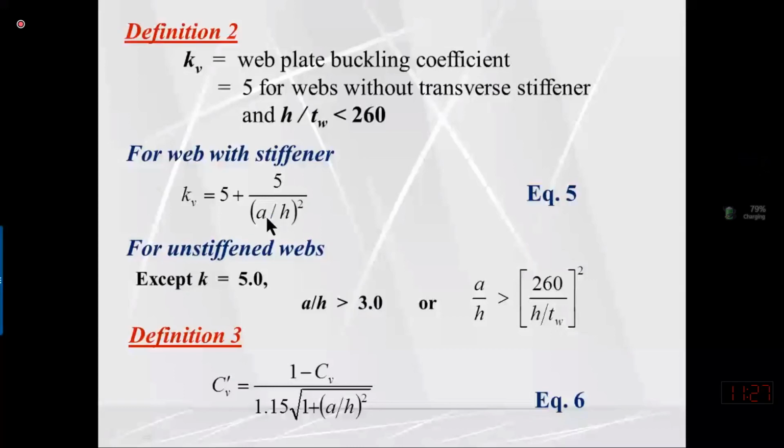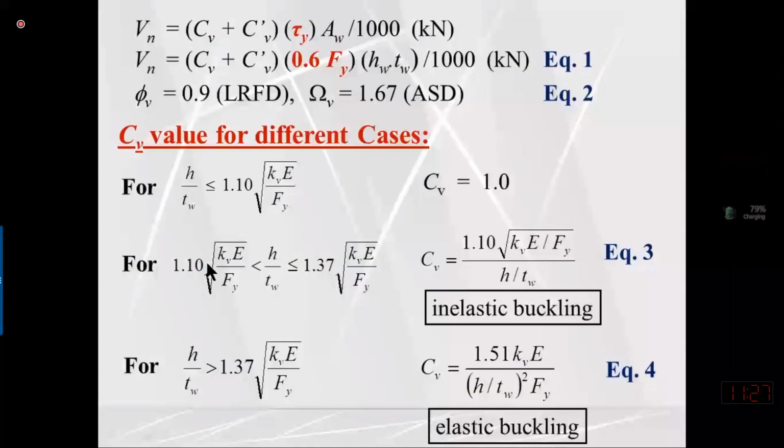In other words, KV value is a function of spacing of stiffeners, and then h over tw ratio needs to be compared with this parameter, which is also a function of KV value. So depending upon this condition, elastic buckling or slender web, we are having two different CV formulas.